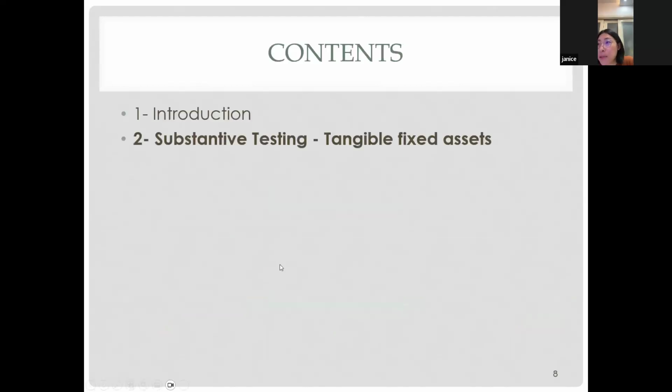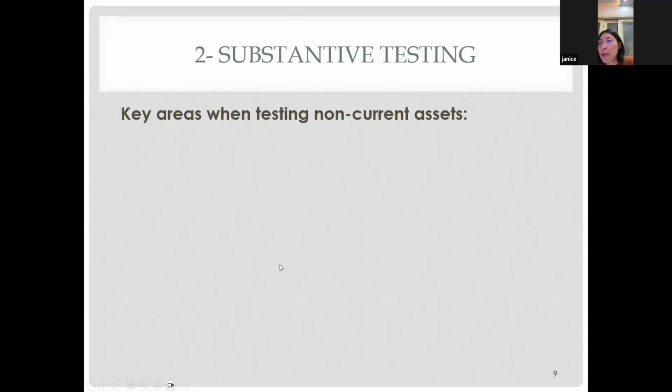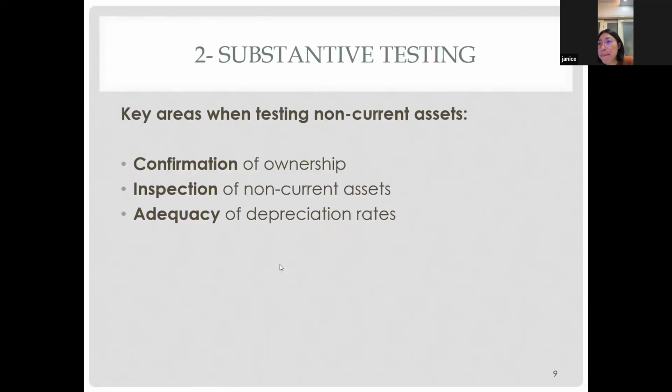All right. So what we're going to be testing when auditing non-current assets is mainly in three areas. We need to make sure that we own the items, so there's the ownership, the rights and obligations.